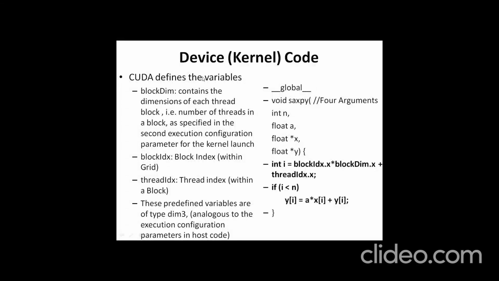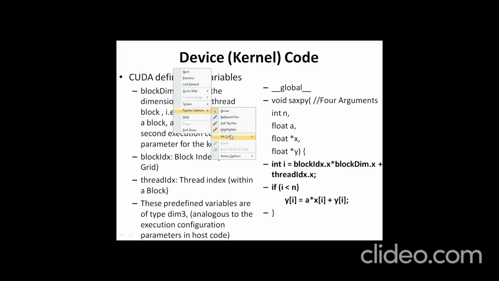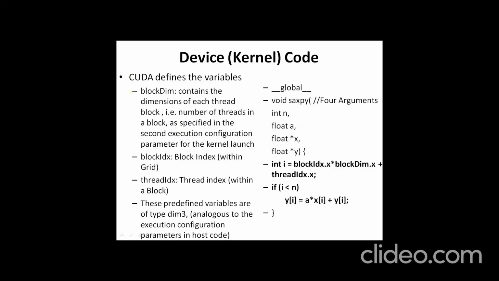Block dim. These are the predefined variables provided by CUDA for thread indexing or block indexing, and we will be using them for creating the index.